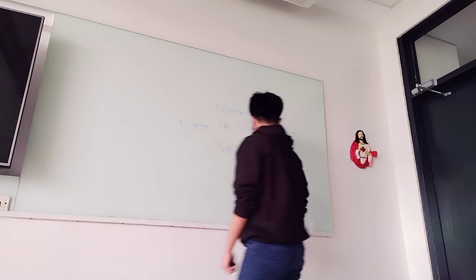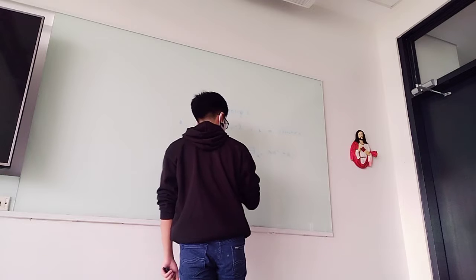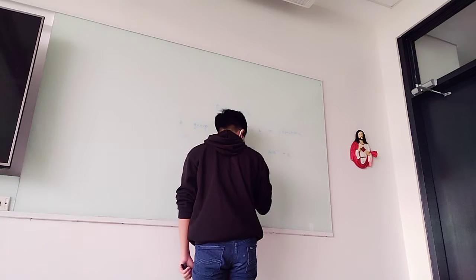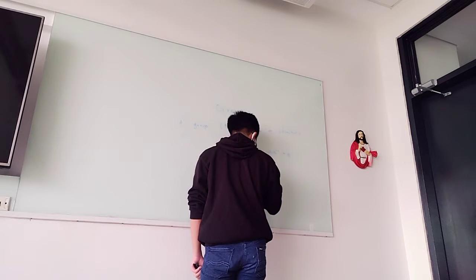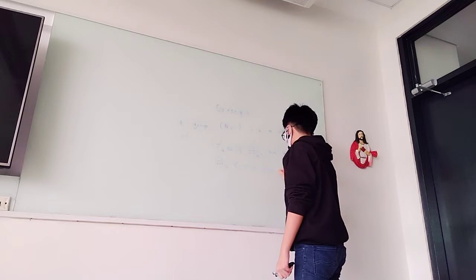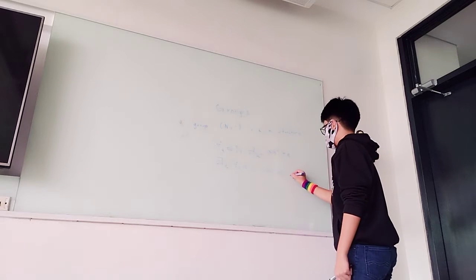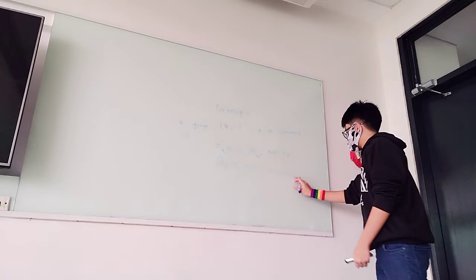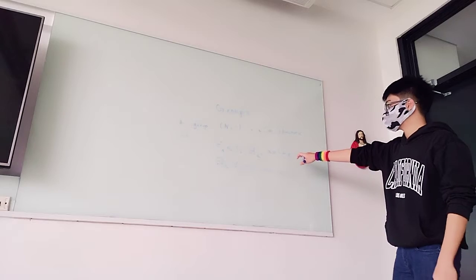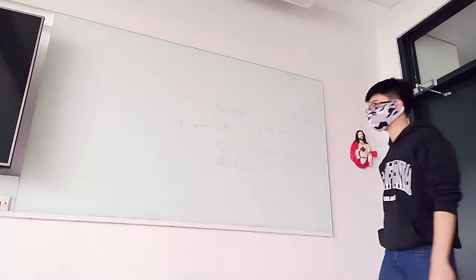And also, there exists an identity element E such that for all A inside N, E times A is equal to A times E is equal to A. So we can think of this identity element, our multiplicative identity, as 1.